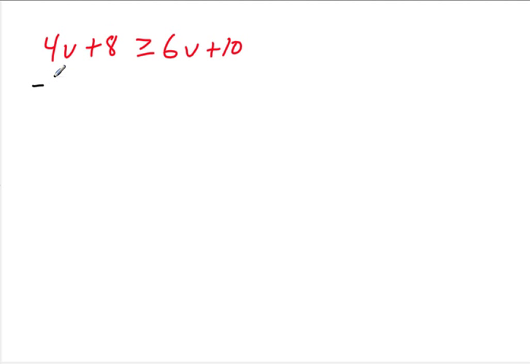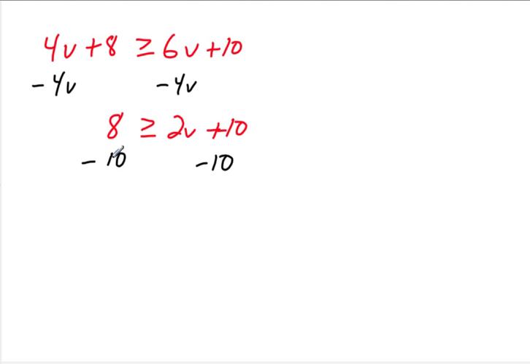We can subtract 4v from both sides. That'll leave us with 8 over here, 2v plus 10 over here. Now we can combine the 8 and the 10. Since they're on different sides, we're going to do that with subtraction in this case. So we're left with negative 2 over here, 2v over here.